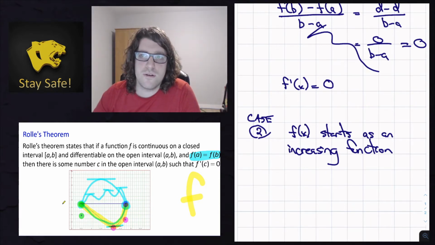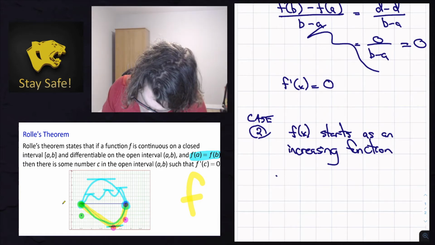So extreme value theorem says that if you have a continuous function between a and b, then it would be true that there is some value where the function obtains a maximum value and the function obtains a minimum value.